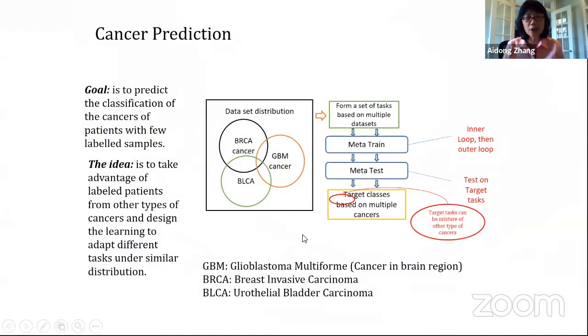So basically the goal for the cancer prediction using TCGA is we want to predict the classification of cancer. And the idea is to take advantage of labeled patients from different types of cancers and design the learning model to be able to adapt quickly to the specific cancer you want to predict.